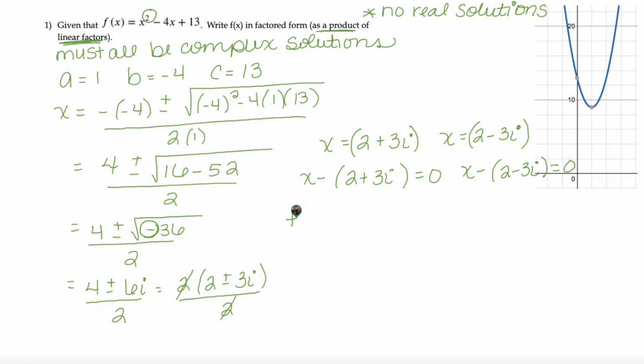Therefore, our function, written as a product of its linear factors, we can use parentheses, that'll be fine: (x minus 2 plus 3i) and (x minus 2 minus 3i).